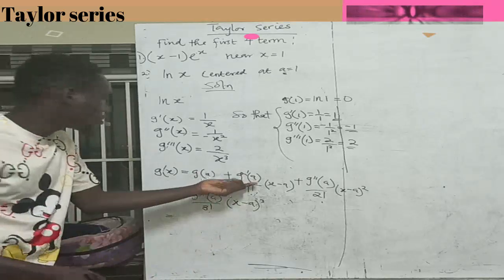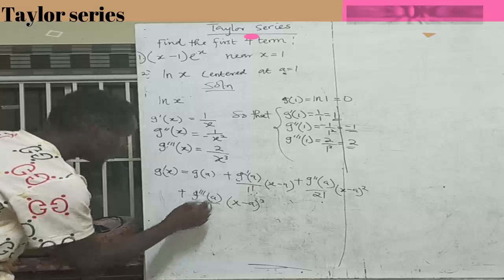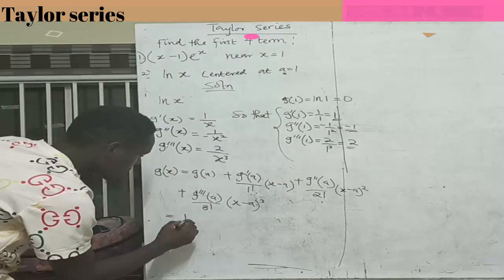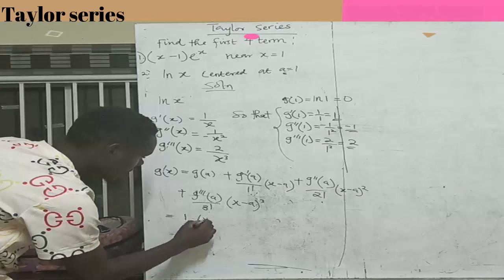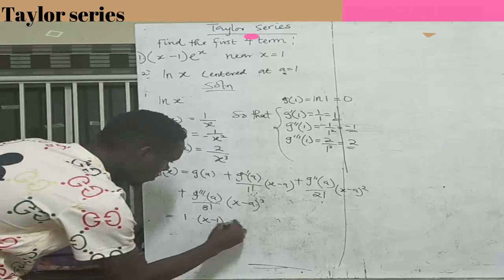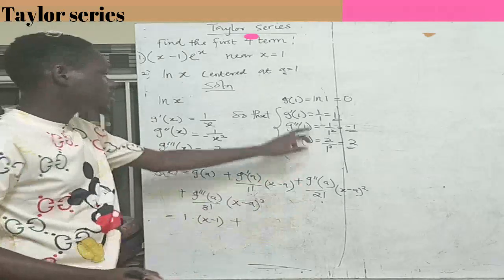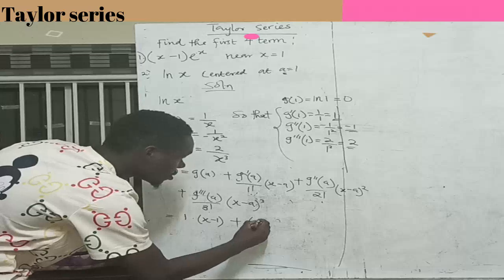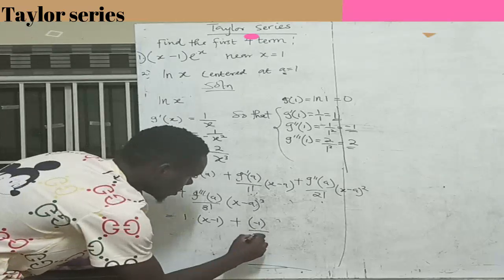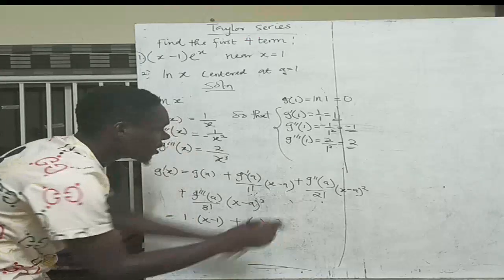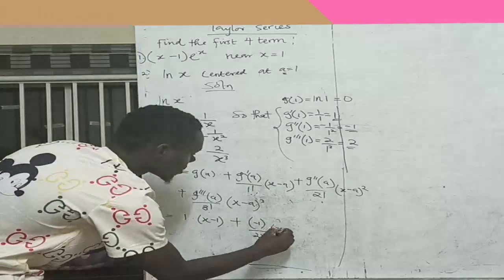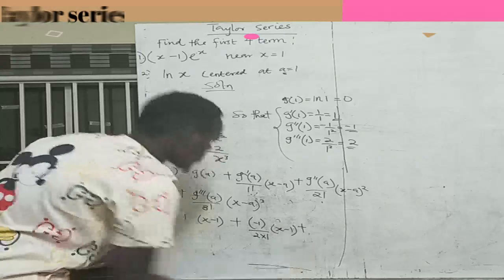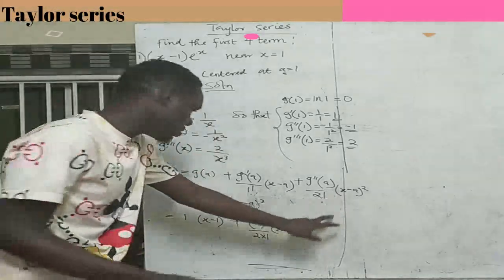For the first one, that's 1 from there, x minus 1, then plus the second order derivative, that's minus 1, and this is 2 times 1, and here we have x minus 1 squared, plus this.